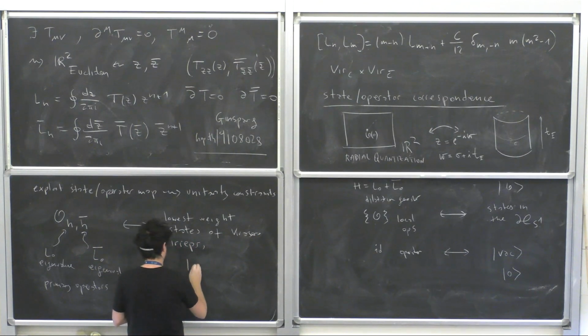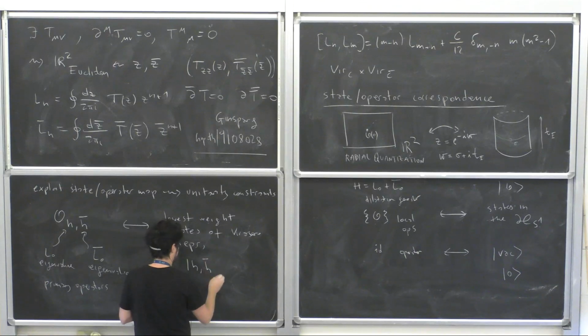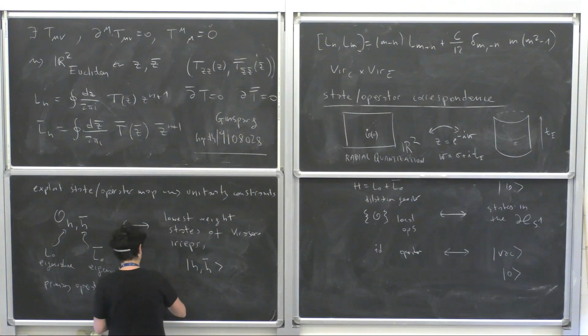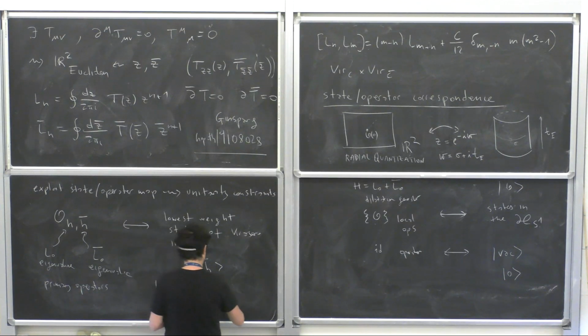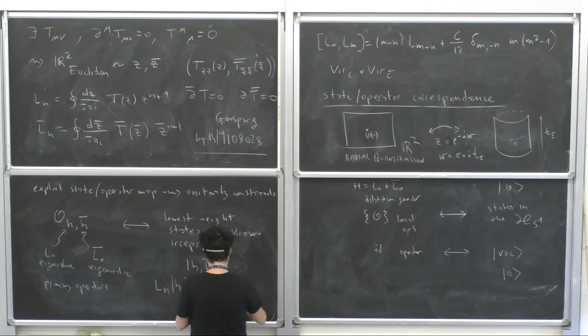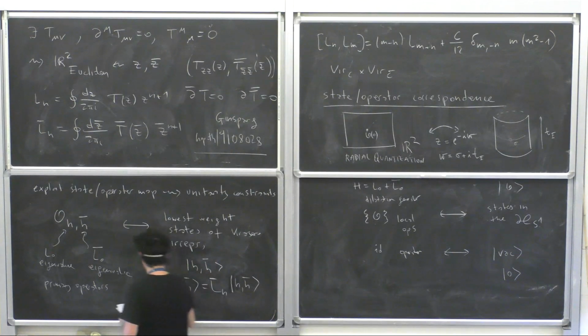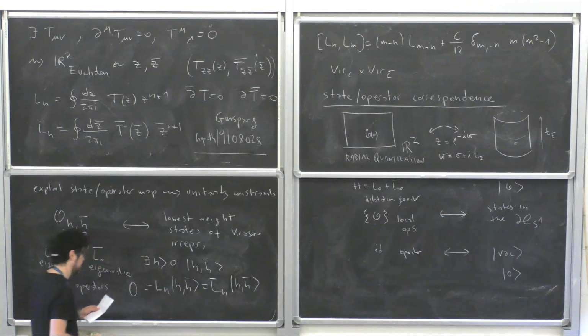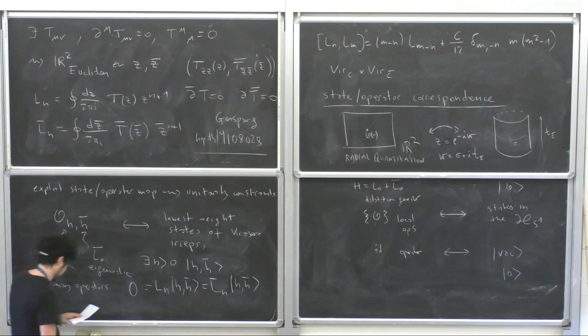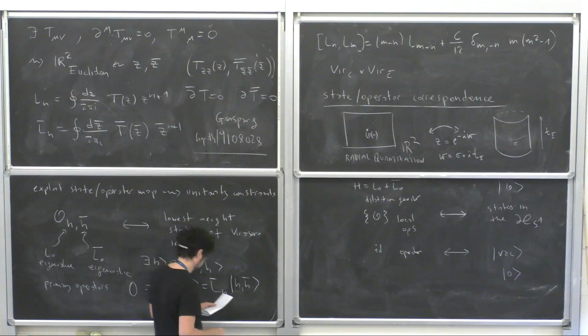So we have states labeled by h and h bar, which are such that there is an n such that this is destroyed by both, for all the higher ones.